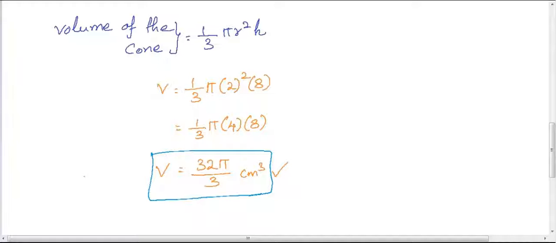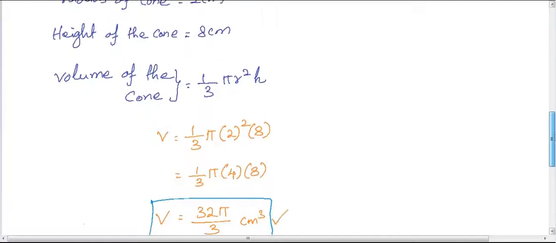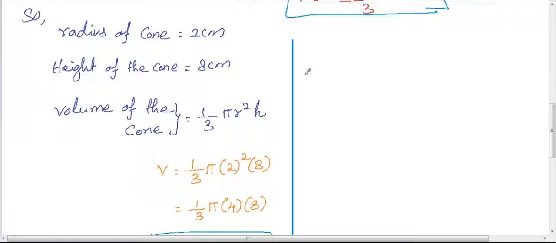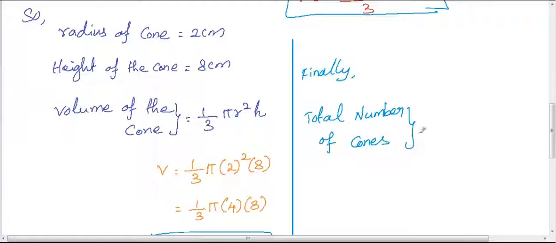Now to find the number of cones, we just need to divide the volume of the sphere by the volume of the cone. So finally, the total number of cones equals the sphere volume divided by the cone volume.